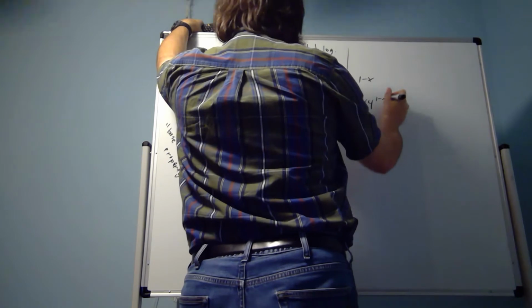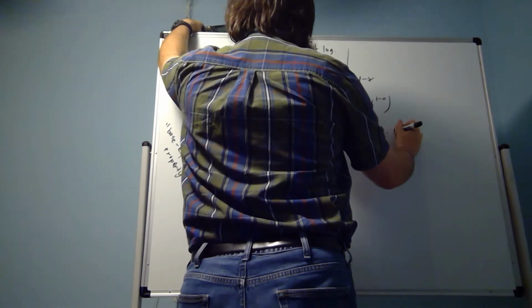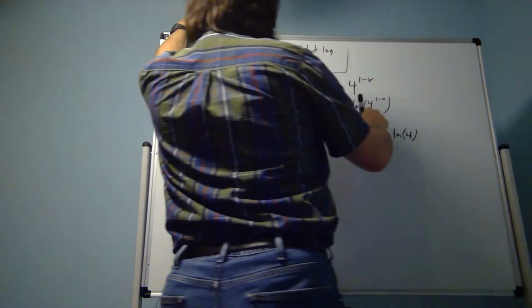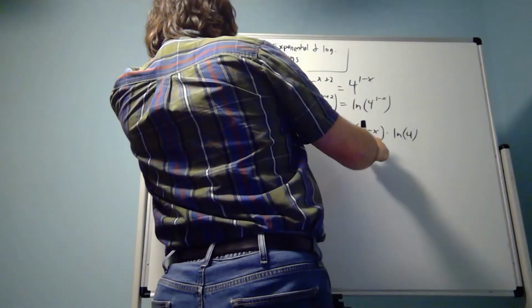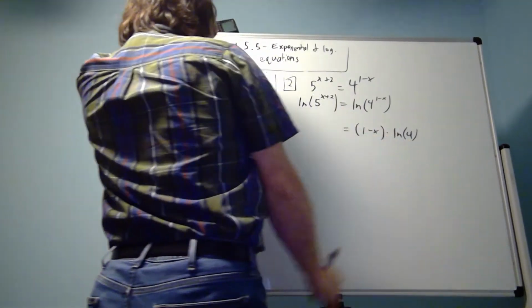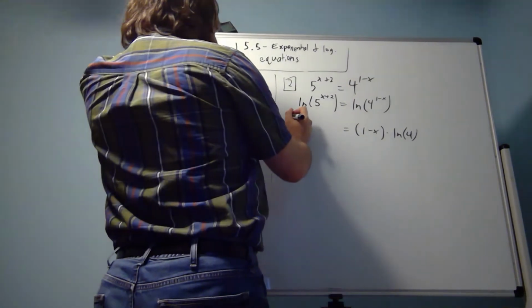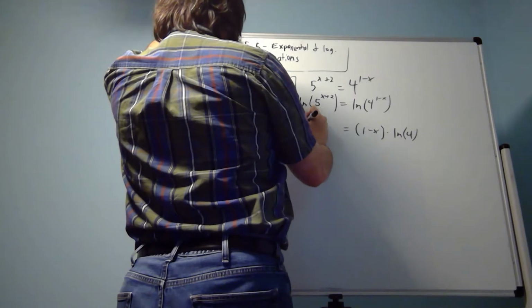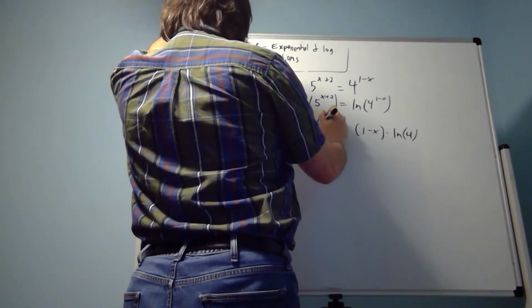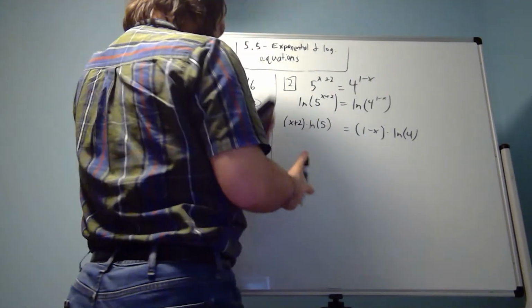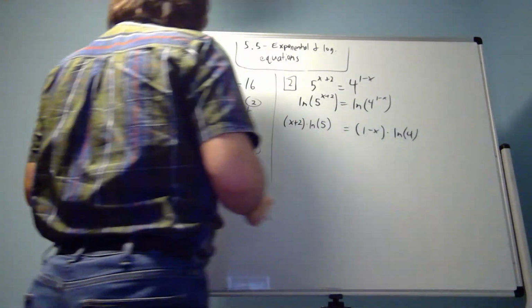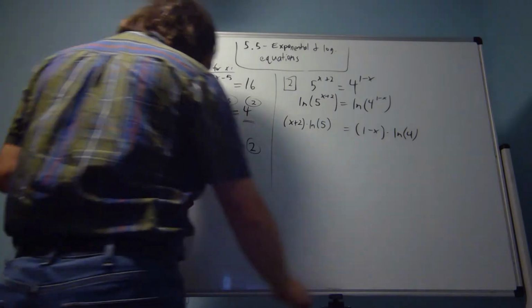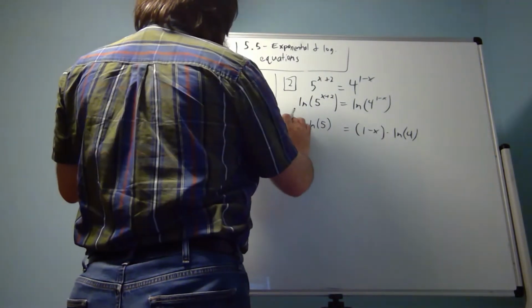And what happens? Well, we have an exponent which comes outside. That's the natural log of m to the p is equal to p times log of m. That's the identity there. The idea is that we have a variable x and everything else is just constants.